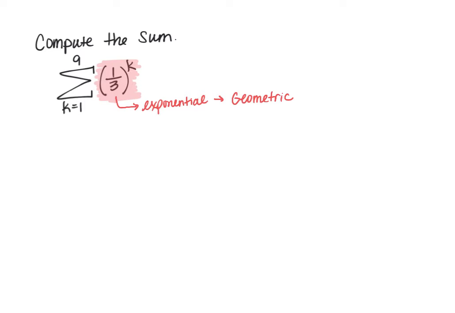Now, if you didn't realize that by looking at the expression or the general formula on the right-hand side of sigma, then you could certainly write down a few of the first terms by plugging in k equals 1 to get the first term, and then k equals 2, and so on. So let me show that. My first term, a sub 1, is found by substituting in k equals 1, and 1/3 to the first power is just 1/3.